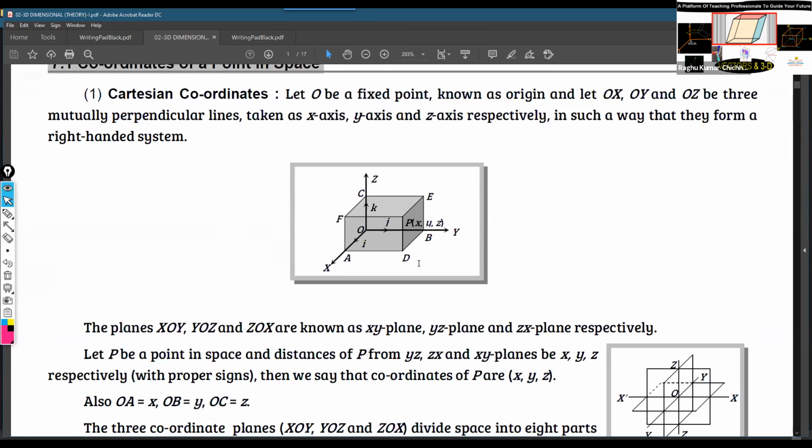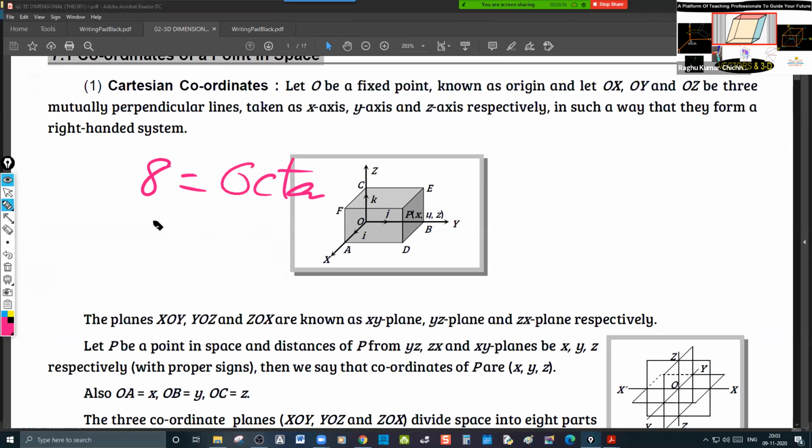Here, always remember these three lines divide the space into 8 equal parts. 8 means octa. That is the reason why each part, each compartment, is said to be an octant. The space is divided into 8 equal parts by these three mutually perpendicular lines.